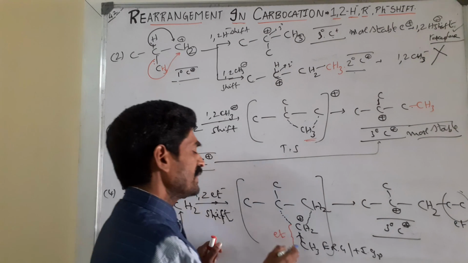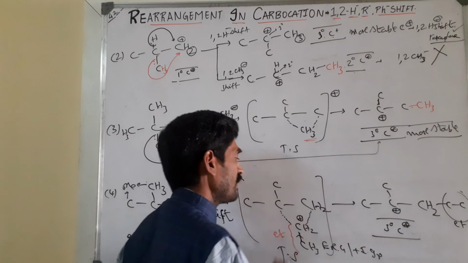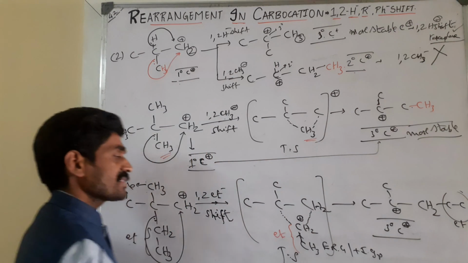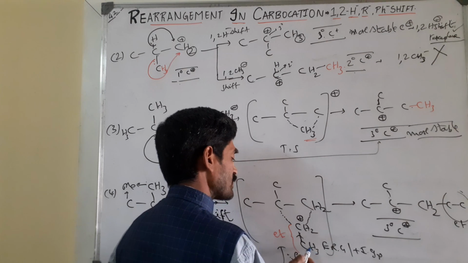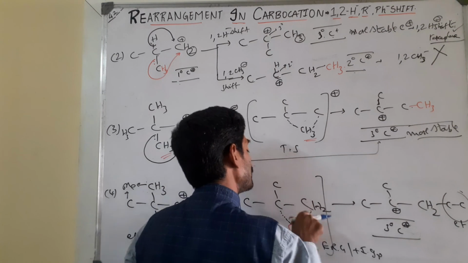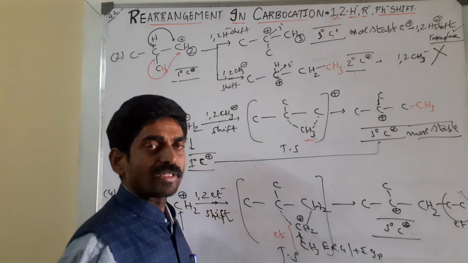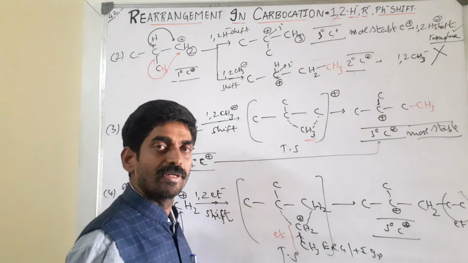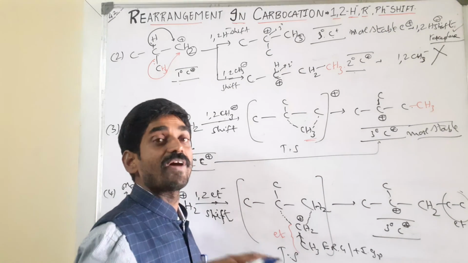That means if the ethyl group is shifted, then a more stable transition state is formed than with the methyl group. Why? Because here this CH2CH3 has a methyl group, which is a releasing group. It will give more stability to the transition state. If the formed transition state is more stable, then it gives a more stable intermediate, and the reaction is faster. The more stable the transition state, the faster the reaction.